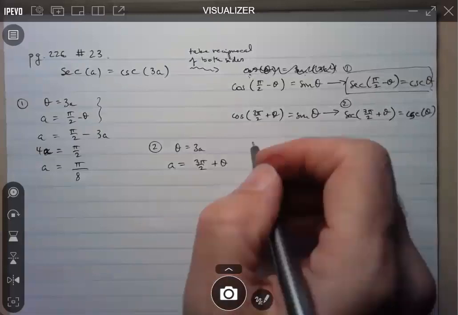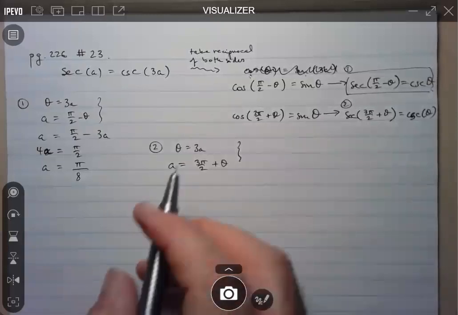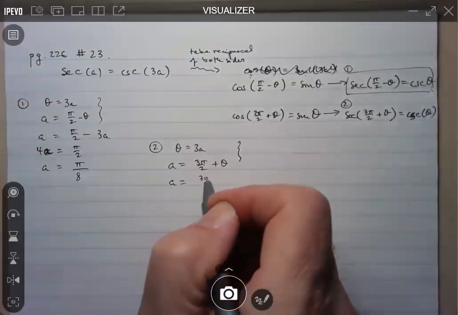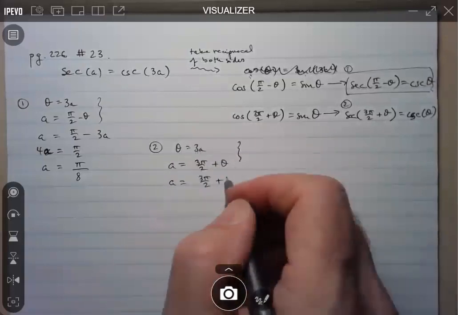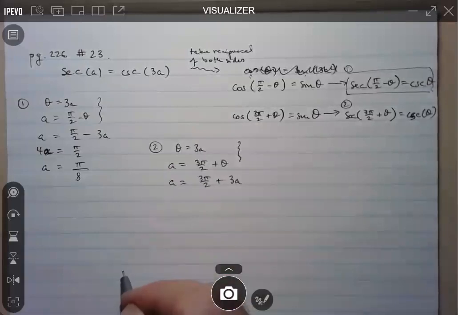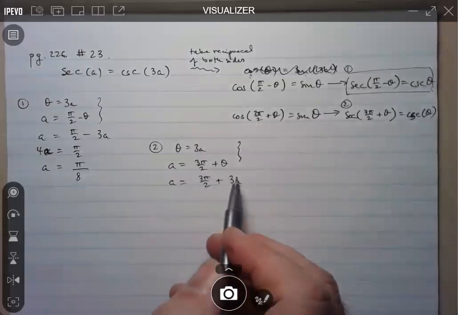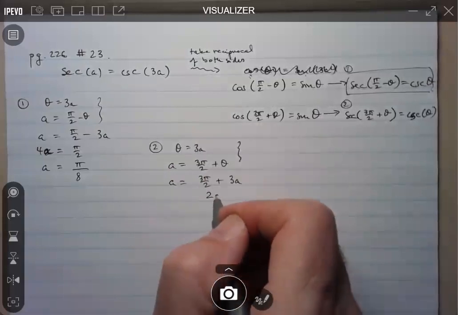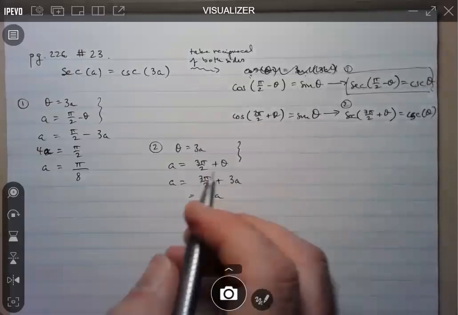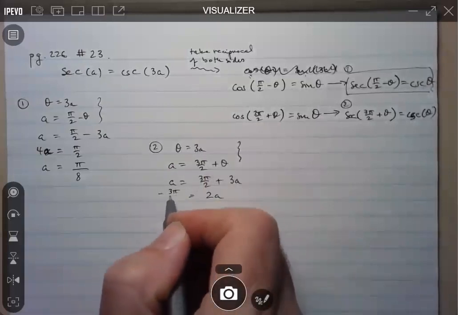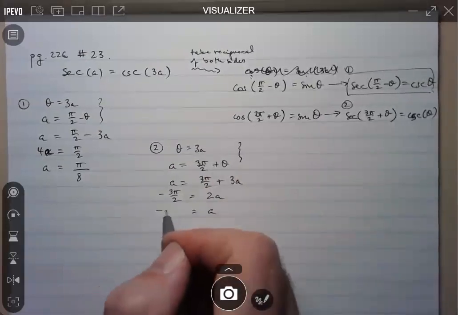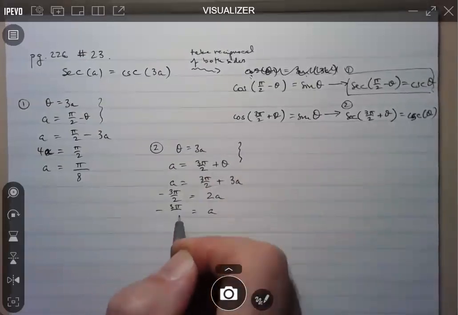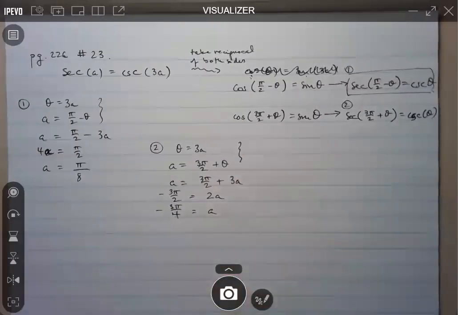Again, we set up our system of equations. So a is equal to 3 pi over 2 plus, replacing theta by 3a. Except now I'm going to bring the a to the right-hand side to give me 2a, and bring that to the left-hand side, negative 3 pi over 2. And so a will just be equal to negative 3 pi over 4. And there's another possible solution.